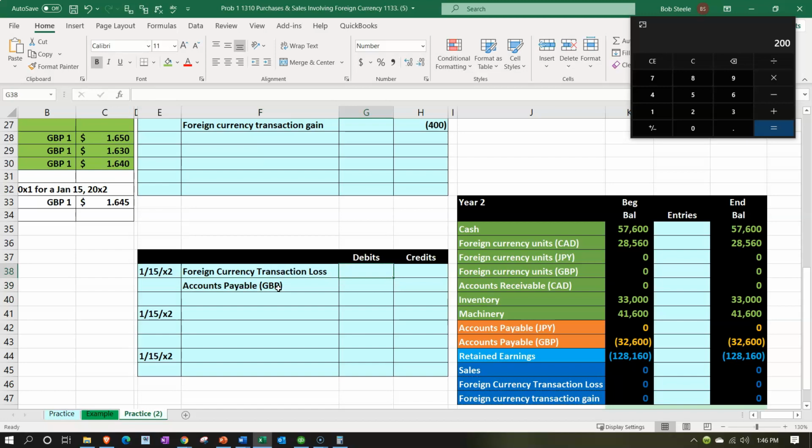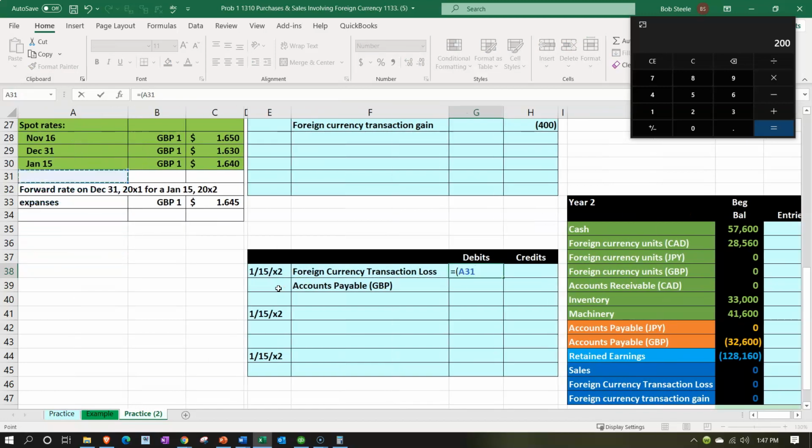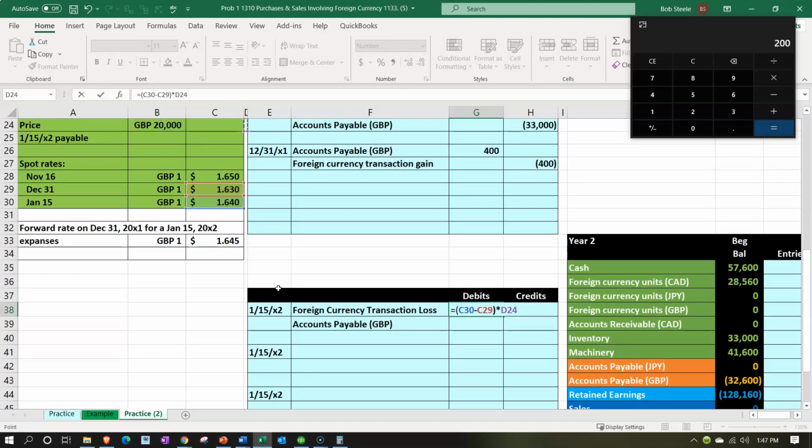Let's calculate the amount again. It's going to be equal to, in brackets, the larger amount, 1.64 minus 1.63, times the 20,000 up top. That's the debit and the credit, once again, $200.